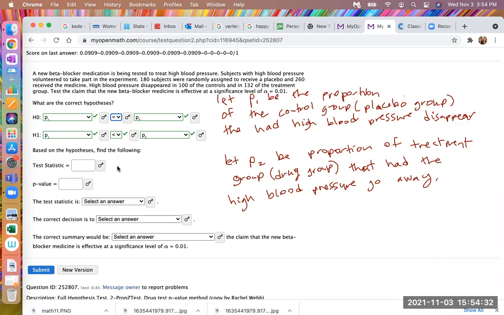I did want to mention too that I could have easily just chosen that population 1 be the treatment group. I could have done these vice versa, and population 2 would have then been the control group.